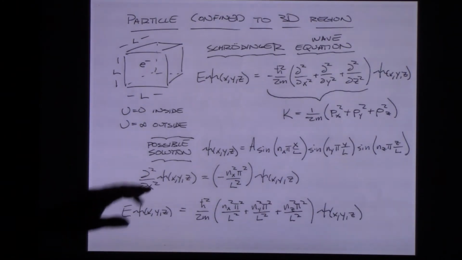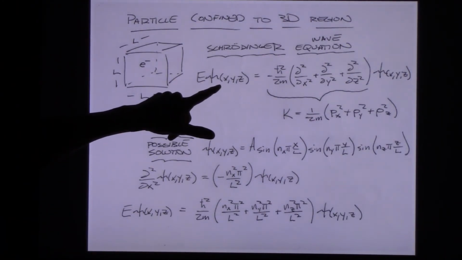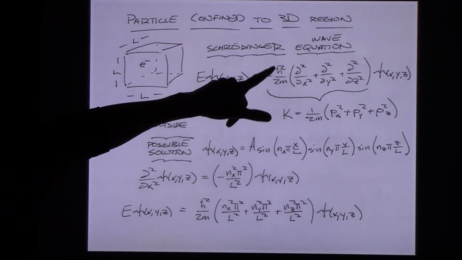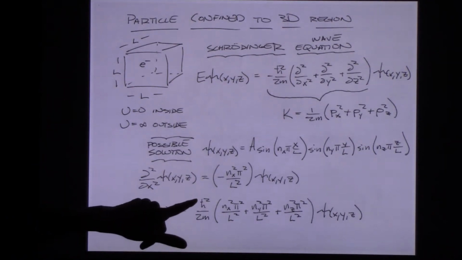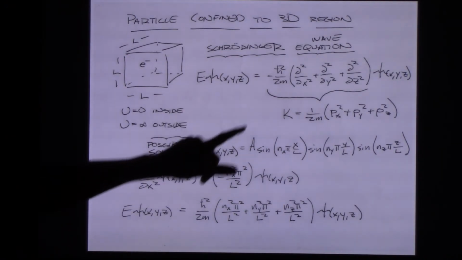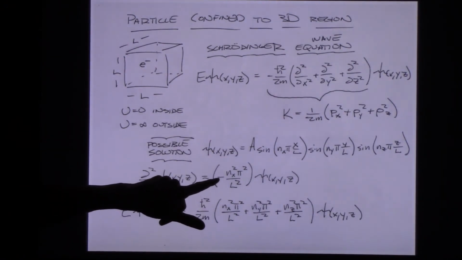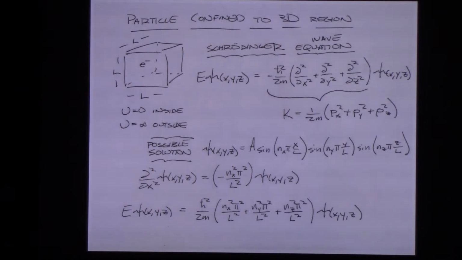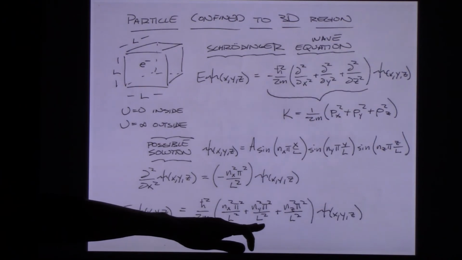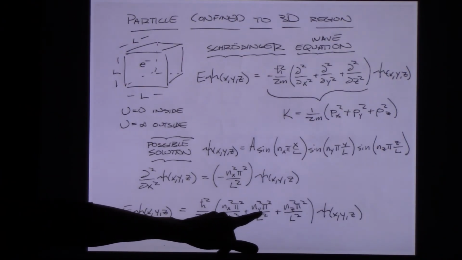So that says that if I go back to my original Schrodinger equation up here at the top, where I had minus h bar squared over 2m, I now have h bar squared over 2m because the minus sign here is going to cancel with all the minus signs coming out of my second derivatives. When I get to the y dependence, I'm going to have ny squared pi squared over L squared.